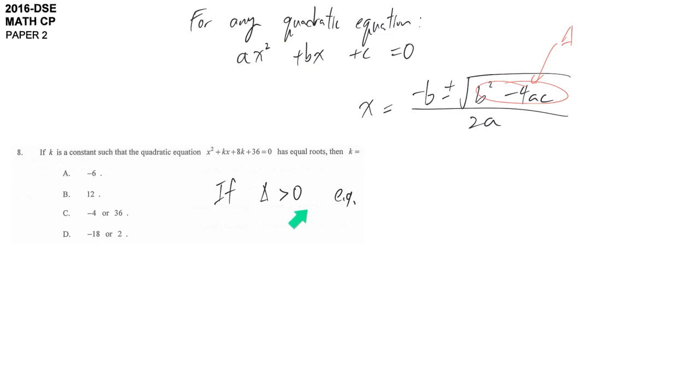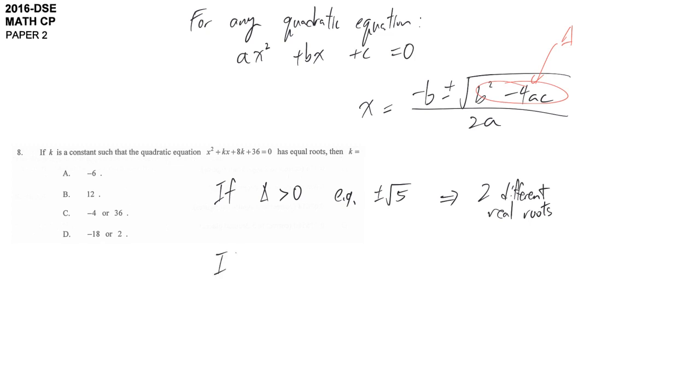If delta is larger than 0, then that part will become a positive number, maybe square root 5. Then we have the first case, plus square root 5, and the second case, minus square root 5. So we will have two different real roots, because the square root of a positive number is okay, it gives real numbers.